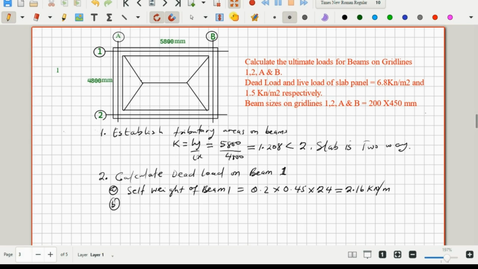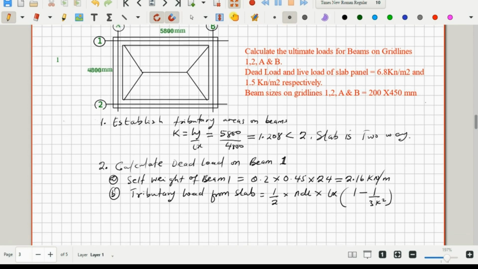And then B, we'll calculate the tributary load from the slab. And with that, we'll use a formula. So the formula is giving us 1 over 2 multiplied by NDL multiplied by LX all into bracket 1 minus 1 over 3 K squared, right?